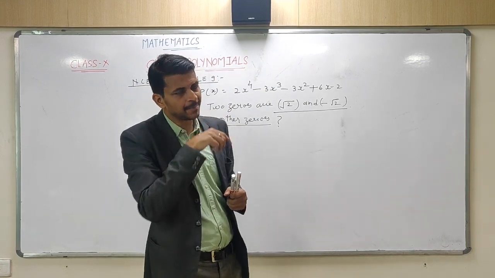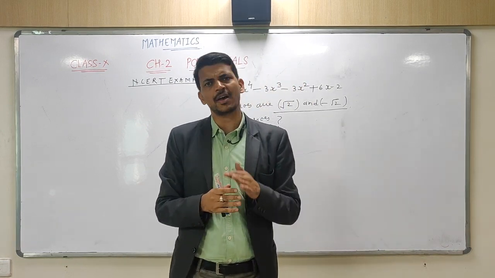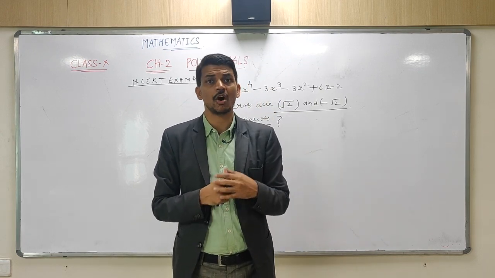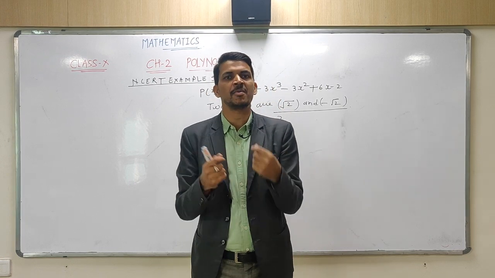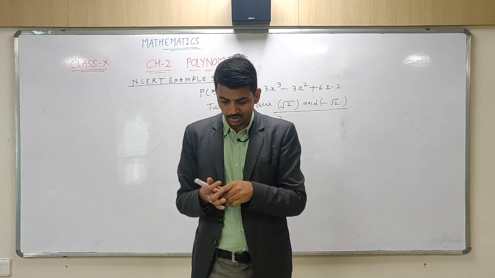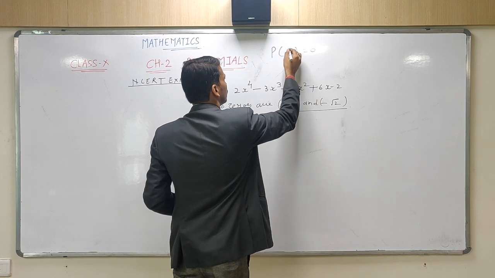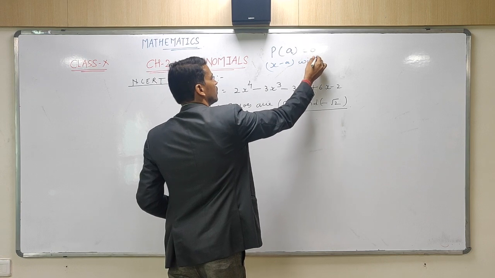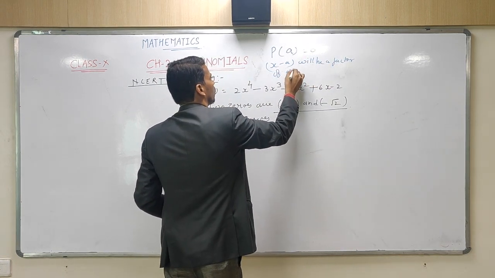Now let me recap the factor theorem. As we know, for any polynomial p(x), if you get p(a) equal to 0, it means that x minus a will be a factor of the given polynomial.